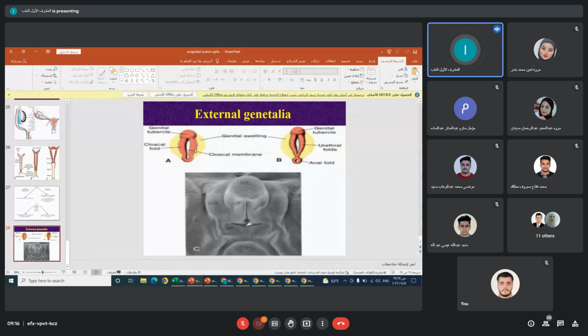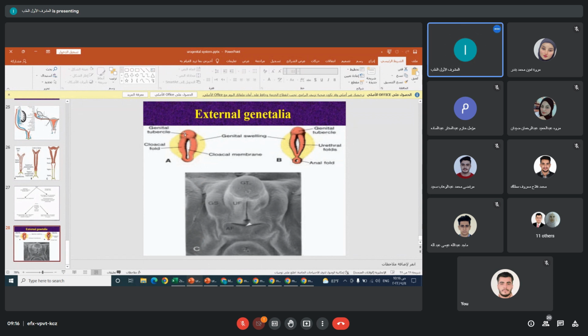This is the cloacal fold. Cranially, this part, the cloacal folds unite to form the genital tubercle. If you remember, we talked about this previously. So when mesenchymal cells around the cloacal membrane proliferate, they form the cloacal fold, and these unite to form the genital tubercle.